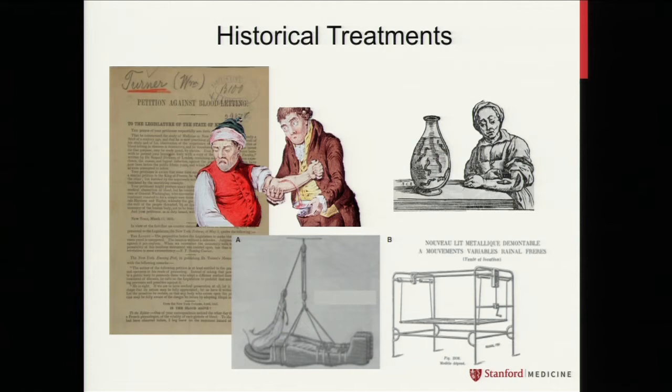He had an infection, but to treat the infection, he had bloodletting, and he probably bled to death in some way. But these treatments were done. It wasn't until the late 1800s that there was a petition against bloodletting by some physicians saying that this was an inappropriate treatment, but these were done.